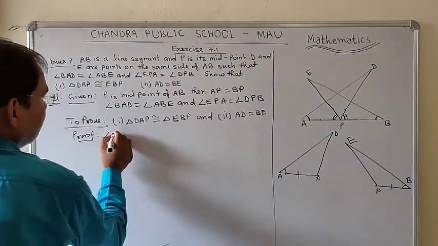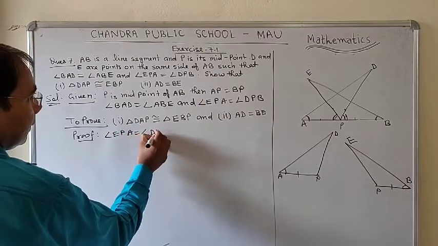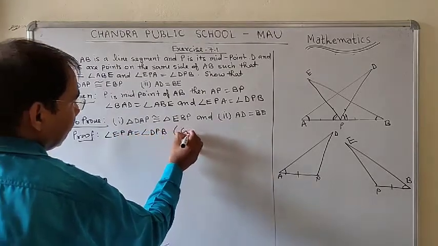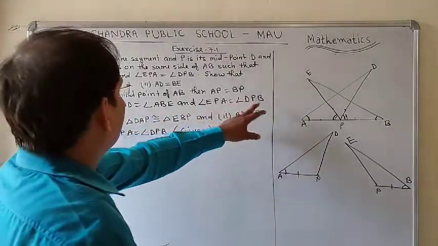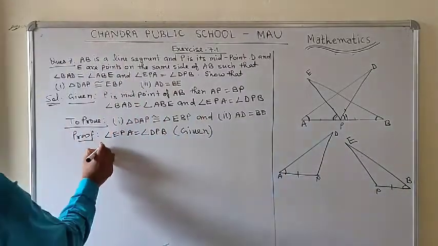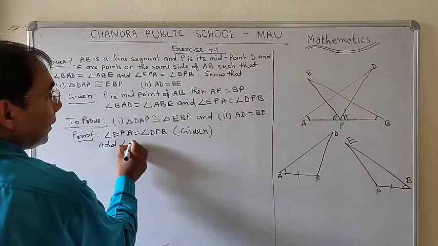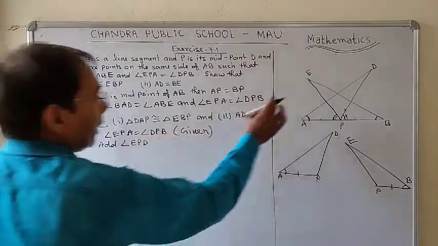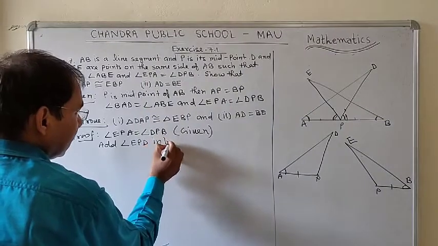So here I am going to write angle EPA equals angle DPB. That is given. Now add angle EPD in both sides.